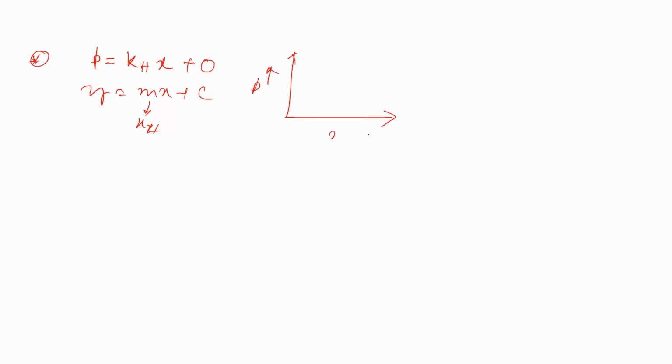We have known that Henry's law is partial pressure P equal to KH into X. If I compare this equation with the straight line equation y equals mx plus c, where c is 0 and m is equal to KH. Suppose this axis is the partial pressure and this axis is the mole fraction.